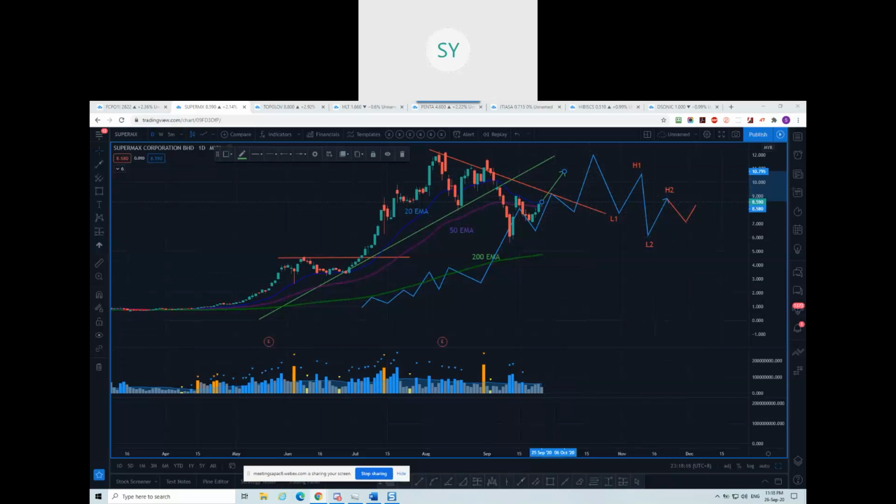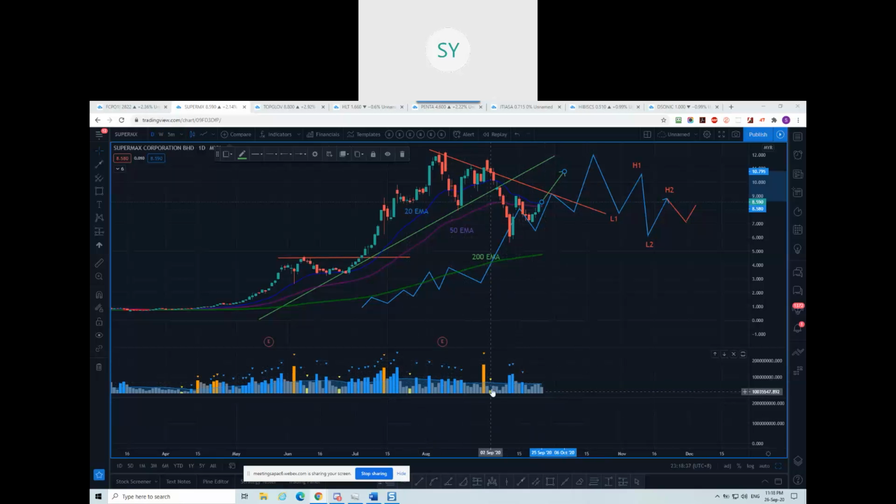Please explain the color volume again. The orange color is buying or selling climax. You won't find this indicator anywhere because it's my own indicator. I developed this.